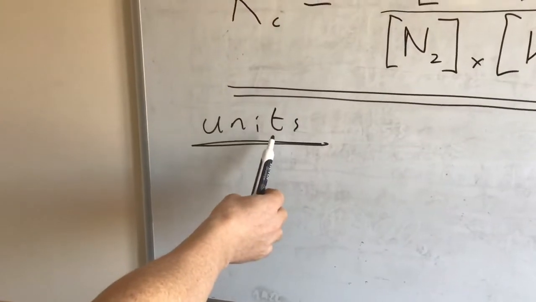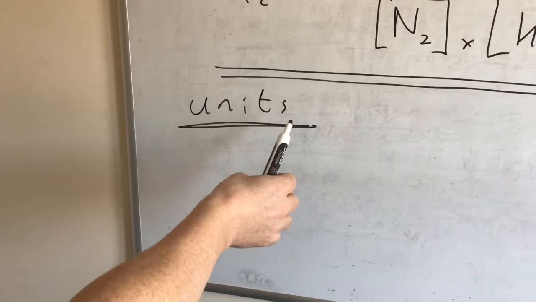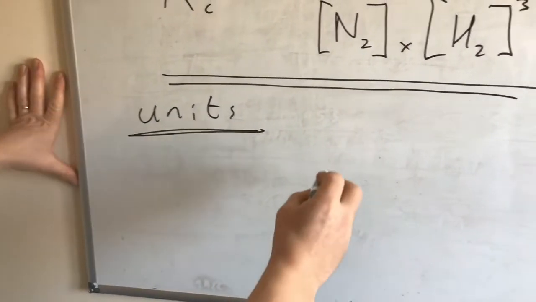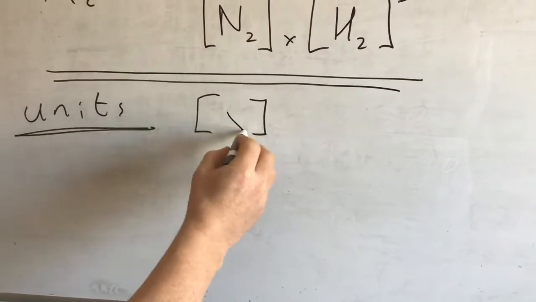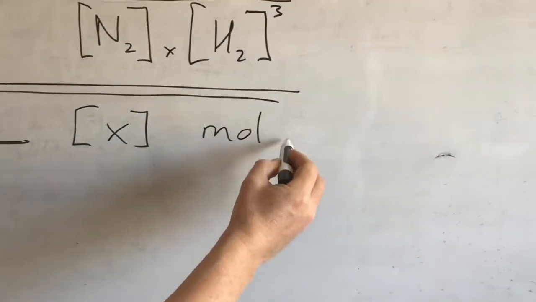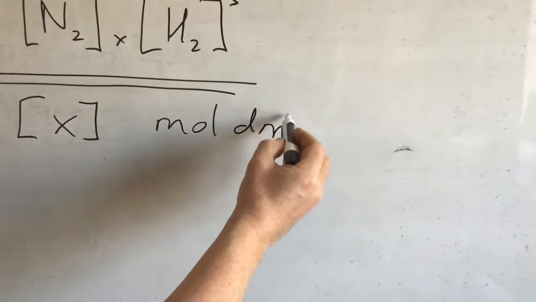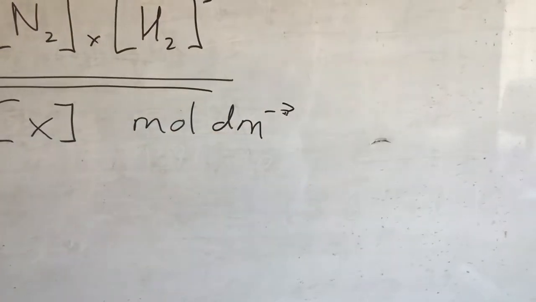Now Kc also has units. And to work out the units, we first need to remember that the unit of concentration of anything, say a chemical, is always moles per decimeter cubed, or moles dm to the minus 3.